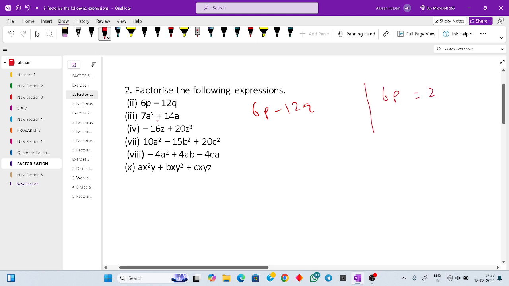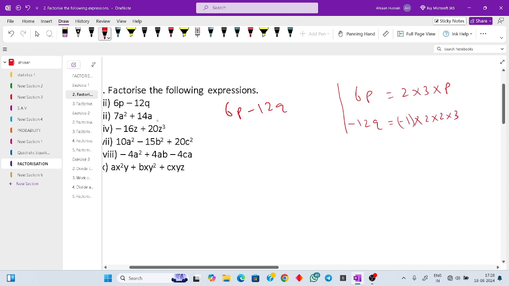6p means 2 multiplied 3 multiplied p, and negative 12q means negative 1 multiplied 2 multiplied 2 multiplied 3 multiplied q. So what is the common factor? This 2 is common. Common factor is 2, and this 3 is also common. So the common factor is 6.